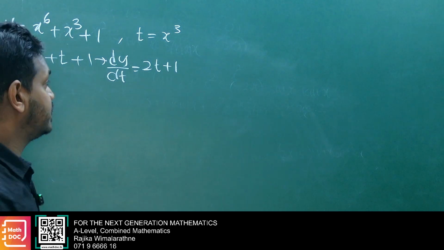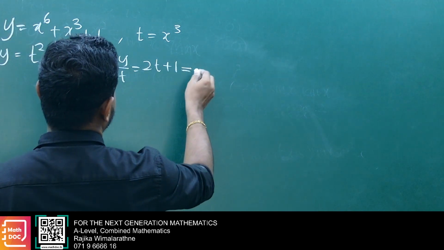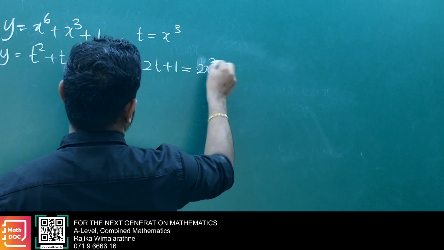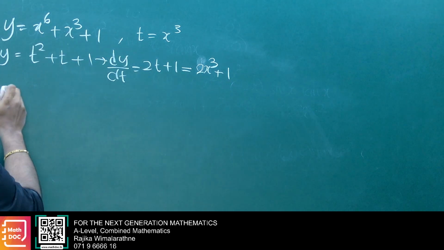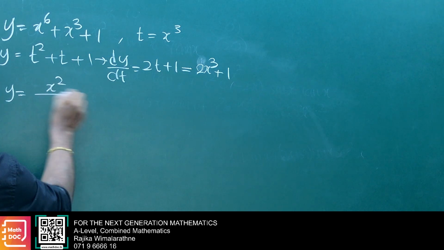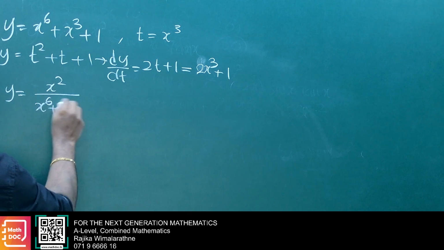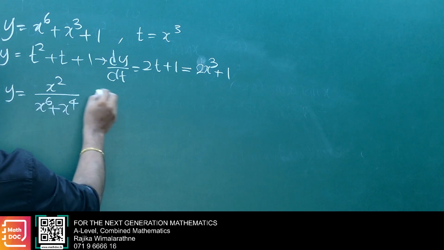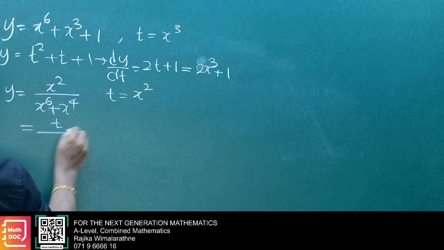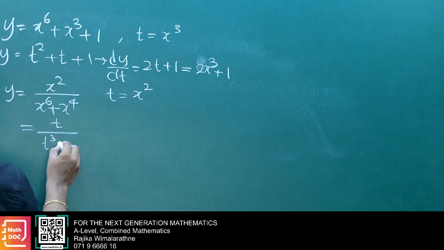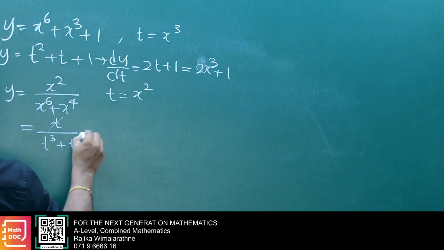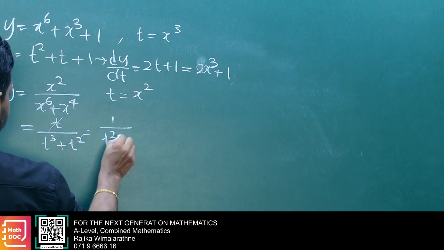Then replace t, which means x cube. Then y equals x squared over x to the power 6 plus x to the power 4. Here take t equals x squared. Then t cube over t squared plus... you can cancel one t. Then 1 over t squared plus t.